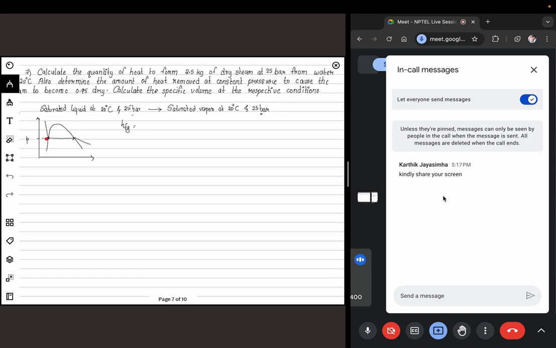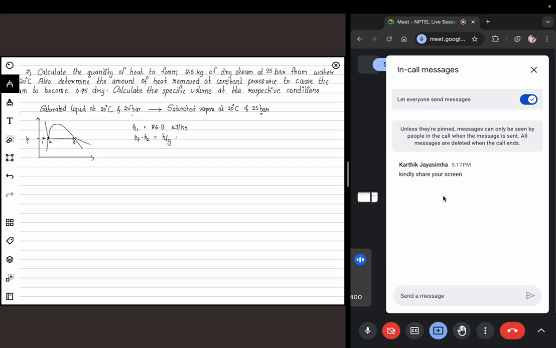So you're initially in the subcooled phase, somewhere here. This is state 1, this is 2, and this is 3. H1 from the compressed liquid table, we got to be 86.3. And H3 minus H2 is basically the HFG that I was referring to. And this we need to look up at the values of 25 bar.